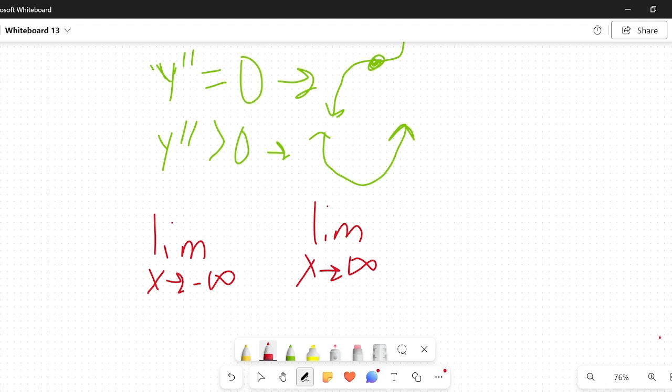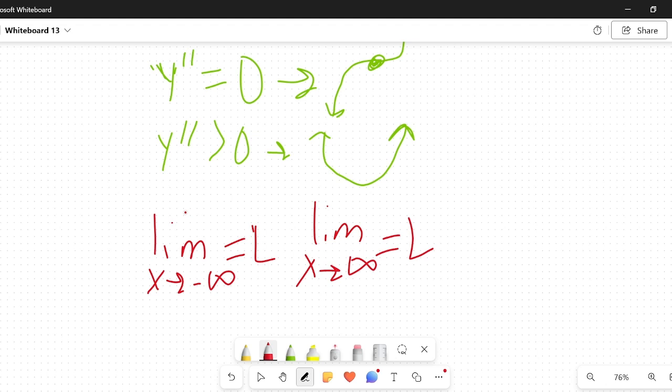And this is essentially how we evaluate horizontal asymptotes, right? So if this equals some L, this is what we call end behavior, right? If either of these is equal to some L, that means it's asymptoting.